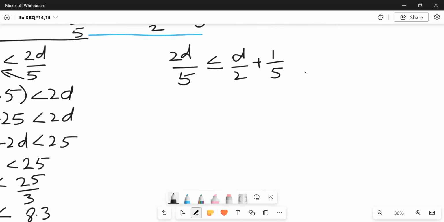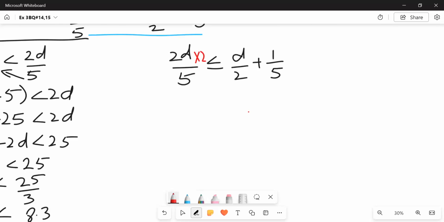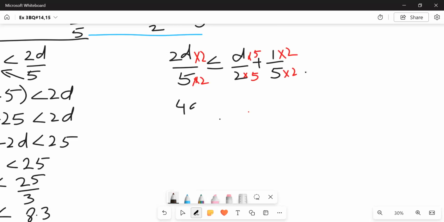Now here we will solve this inequality. We can make the same denominator. Here we can multiply with 2, here with 5, here with 2. So it will be 4D over 10, then 5D over 10, then 2 over 10.